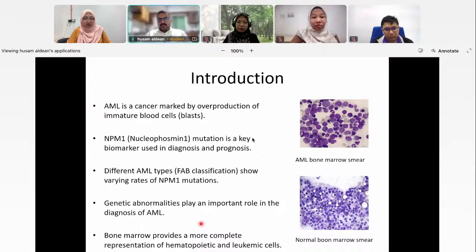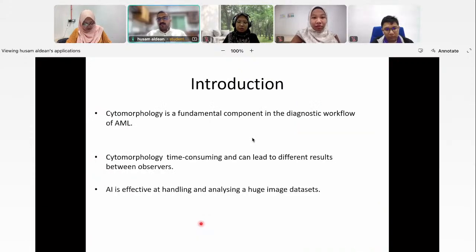So for the diagnosis of AML, we have the cytomorphological features, which are the first component in the diagnosis workflow of AML, and the genetic abnormalities also. But cytomorphology is time-consuming, labor-intensive and prone to human error.